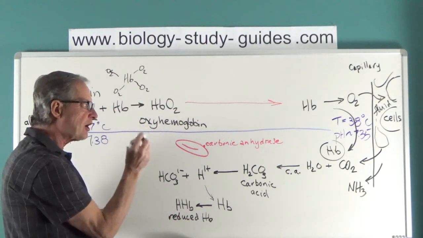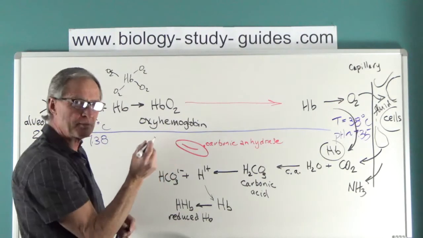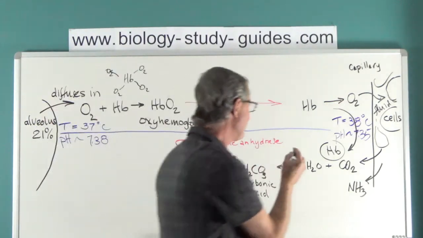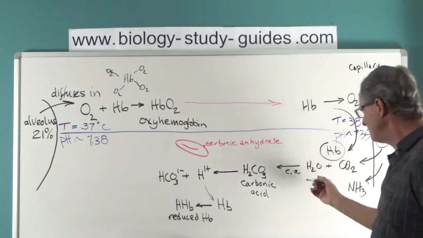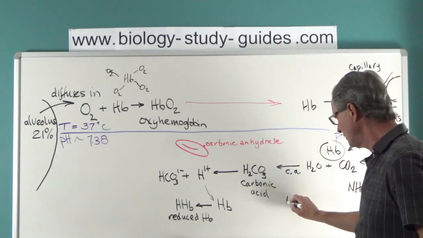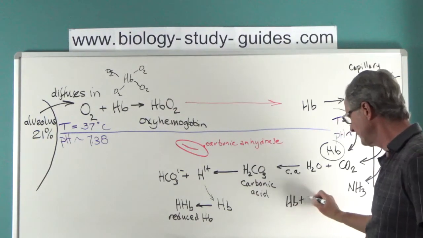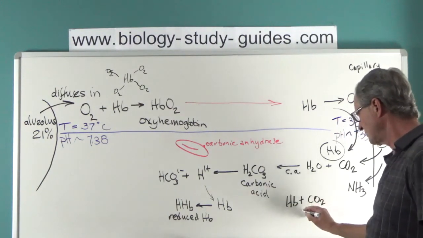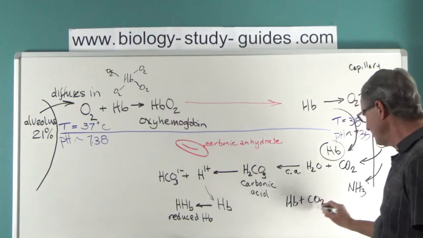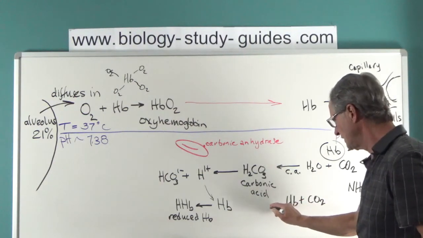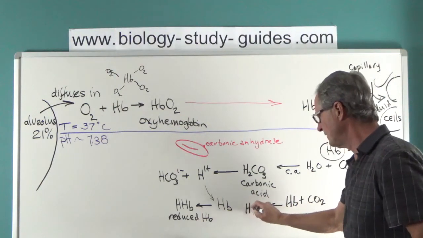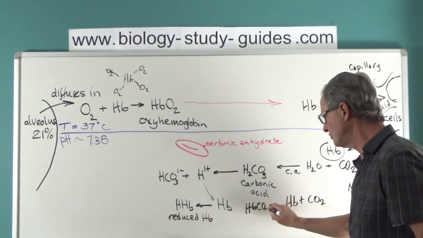There's a little bit of carbon dioxide that gets transported by hemoglobin as well, so we have to consider this. Hemoglobin, HB, will also pick up carbon dioxide, and it produces HbCO2.